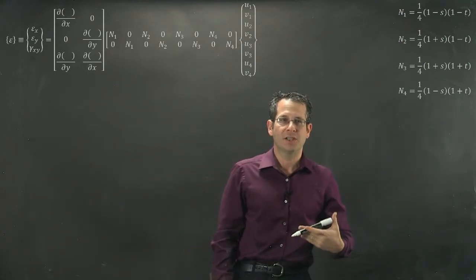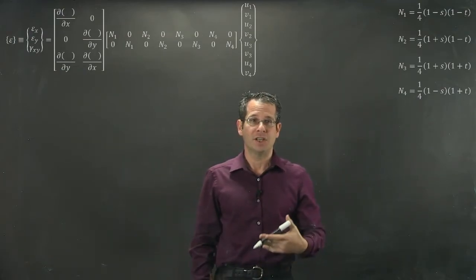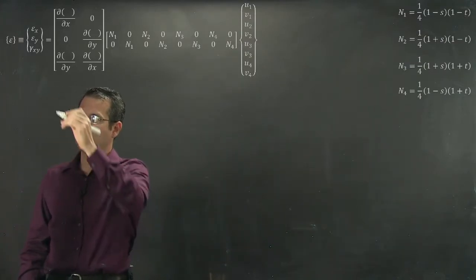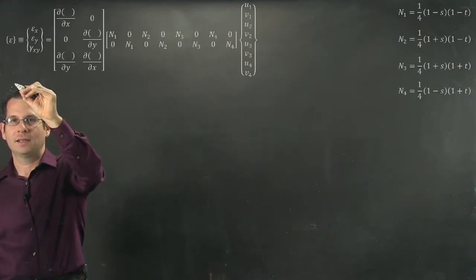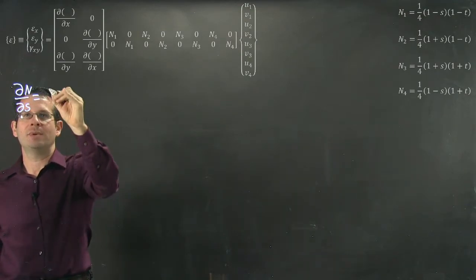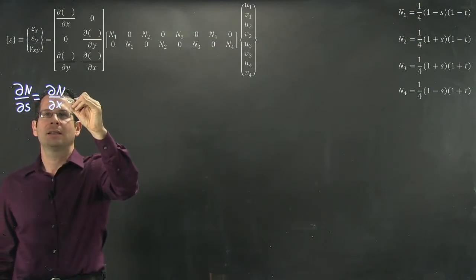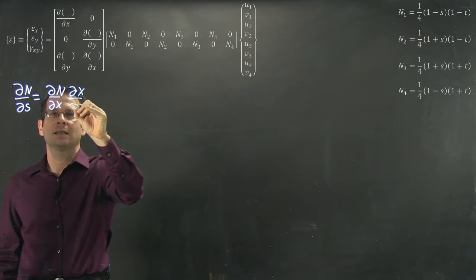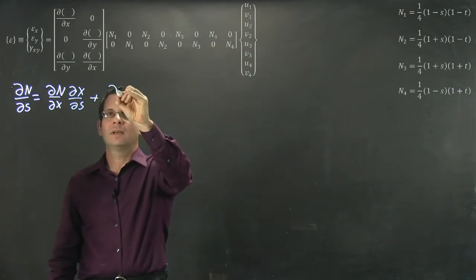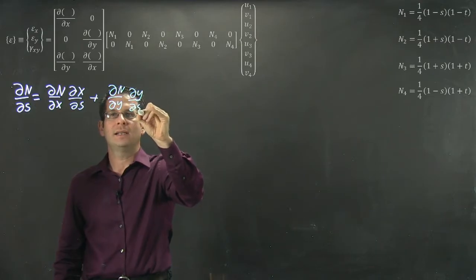In this case, my functions are functions of two variables, meaning I have to use a slightly more complex version of the chain rule that some of you may be used to. It'll have two terms in it. So for example, if I want to find dN/ds, that is going to be equal to dN/dx times dx/ds plus dN/dy times dy/ds.